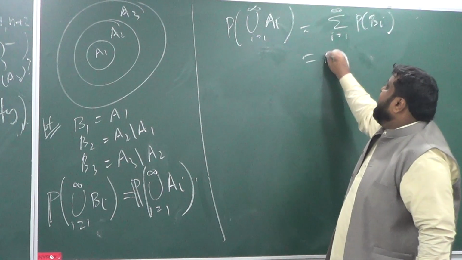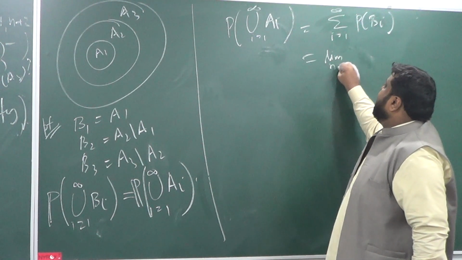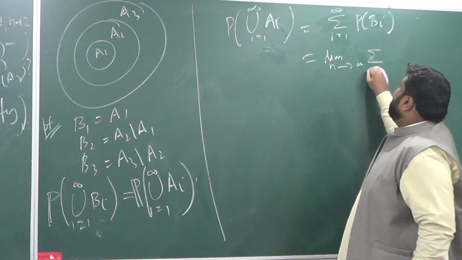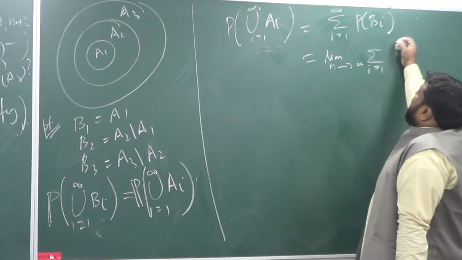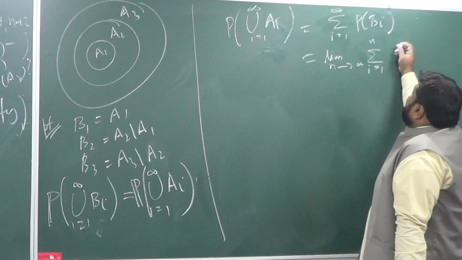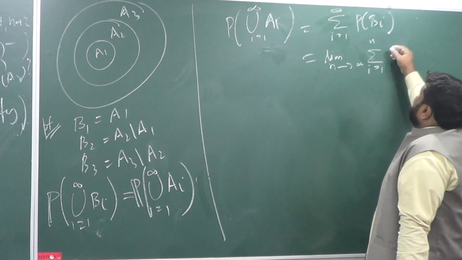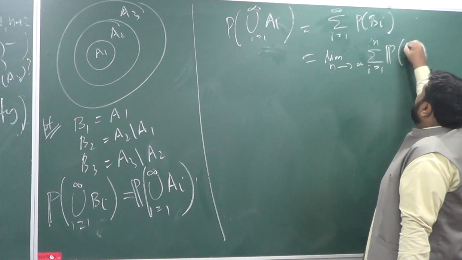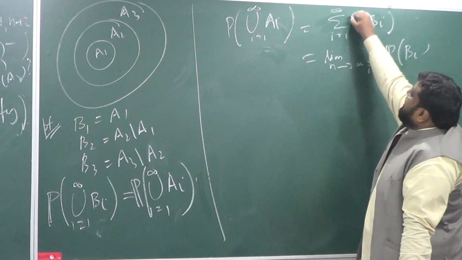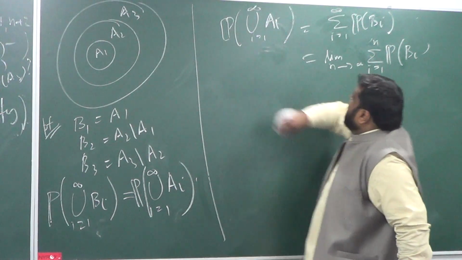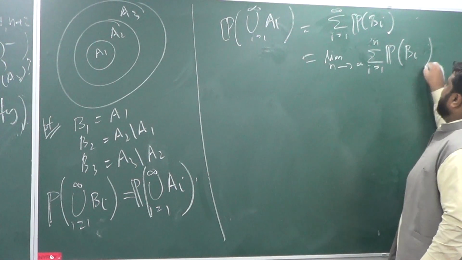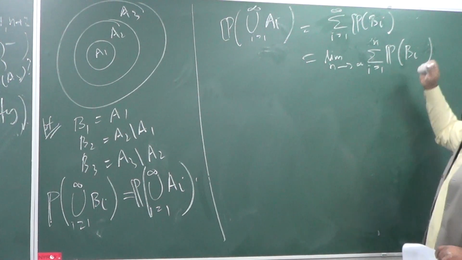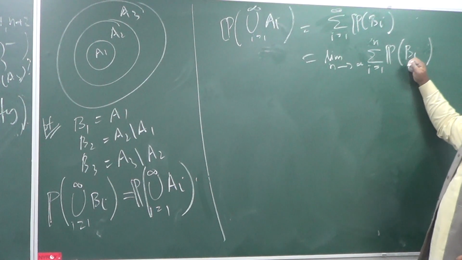If it is convergent, I can write it as the limit n goes to infinity of the sum of i equal to 1 to n of probability of BI's actually. Okay, so let's use the same symbol everywhere. And then put the value of BI here, and what you're gonna get?